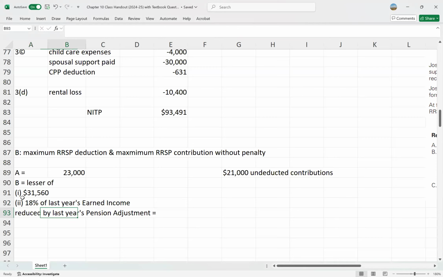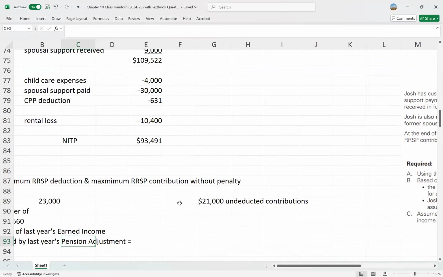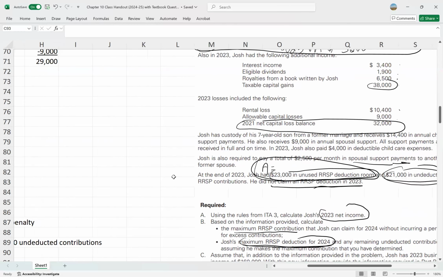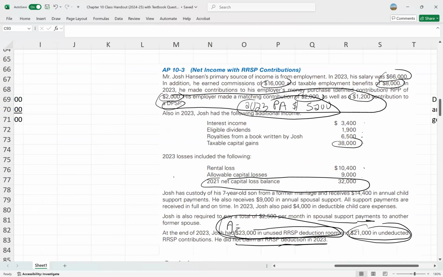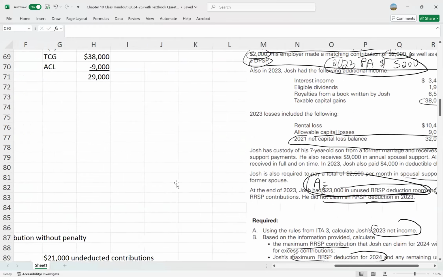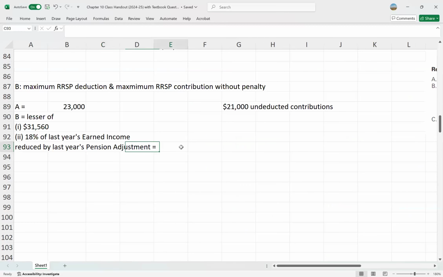Now, the pension adjustment we already calculated. Remember that pension adjustment? Those were all the amounts that were contributed to the company-sponsored pension plans. That pension adjustment right up here, 5,200. So let's put that down before we forget. Last year's pension adjustment is 5,200.